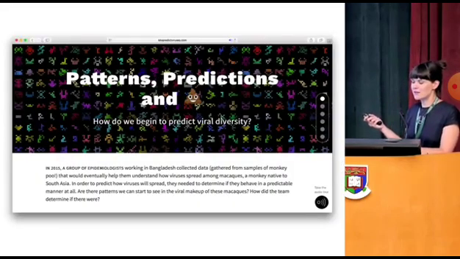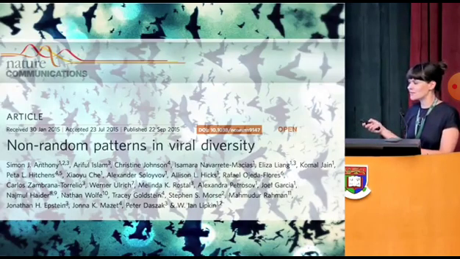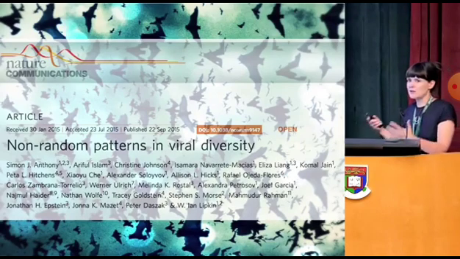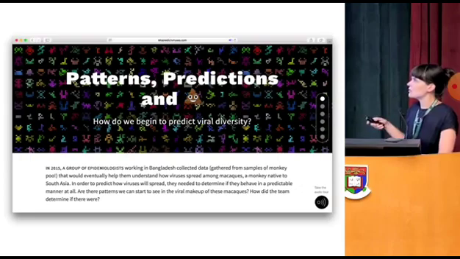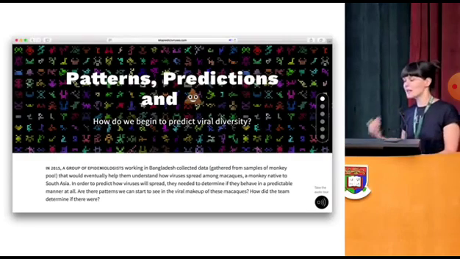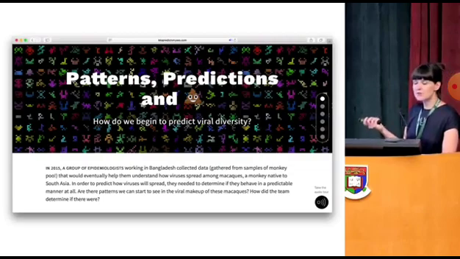Simon realized that the content of this paper was quite dense, and many of you have probably read this, and it's kind of a tricky one to get through. It combines modeling and ecology and sequencing and all sorts of good stuff, and he was having a difficult time communicating it to funders. So he approached a friend of mine who runs a data visualization studio and said, hey, can you come up with a way that we can make this paper and its findings make sense to a broader community, like the type of people that might be funding pandemic preparedness responses, philanthropic foundations, for example, just end users in the community.